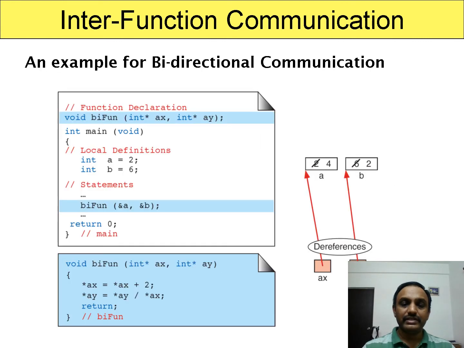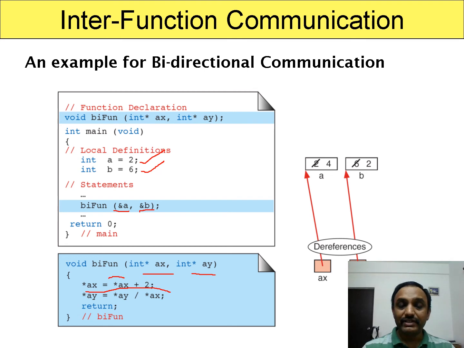So observe this example. Here I am initializing A with 2, B with 6. I am sending ampersand A, ampersand B, that is address of A, address of B, that comes here, star AX and star AY. So what is the thing? Actually, A, B values are there. We are sending address. That address comes here. Here, we are modifying those values by performing this operation.